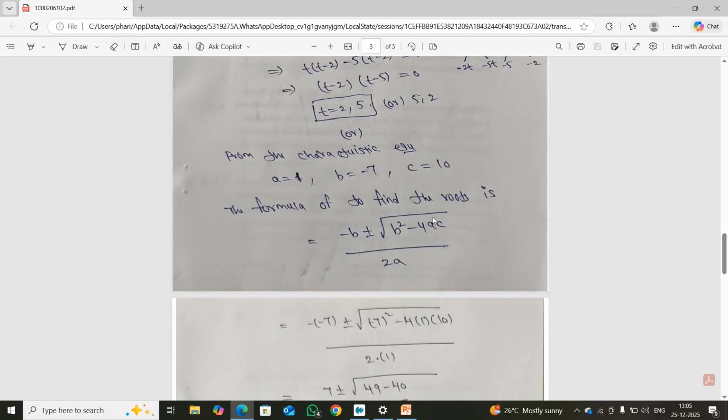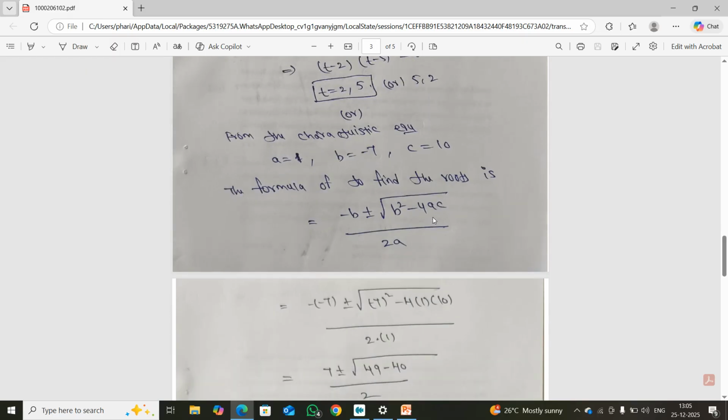To find the roots by another method from the characteristic equation, here a equal to 1, b equal to minus 7 and c equal to 10. The formula to find the roots is minus b plus or minus square root of b square minus 4ac, all over 2a.